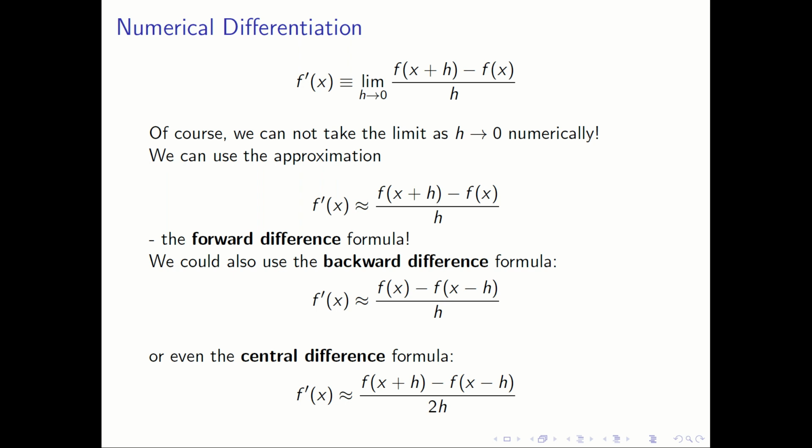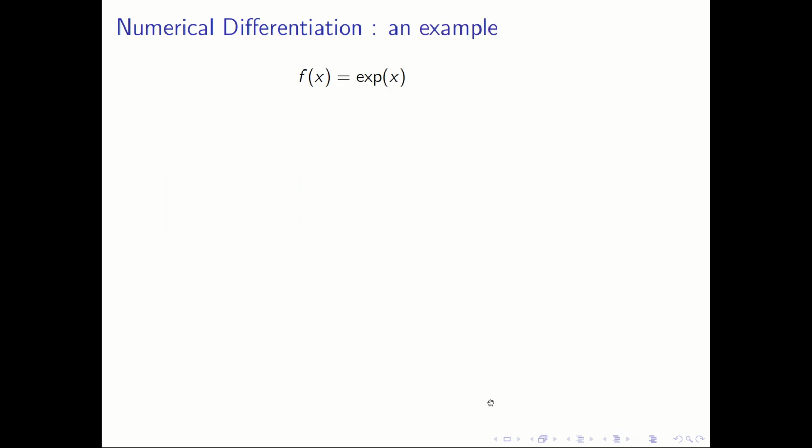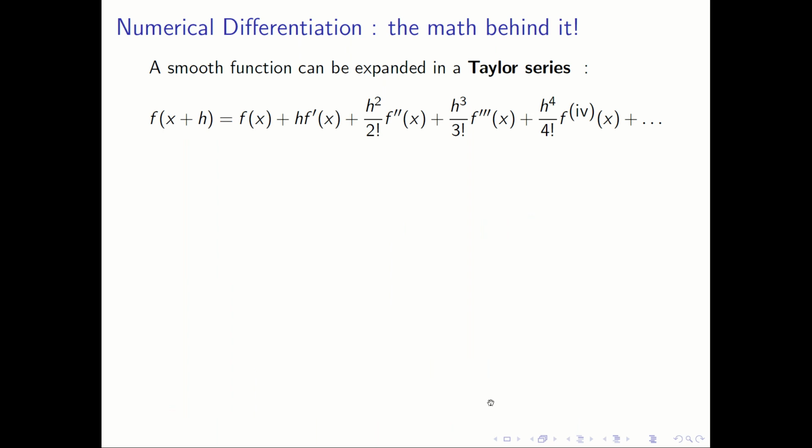The error between the exact value and the approximation that we have calculated using these formulae actually is much less for the central difference formula. In this lecture, we will try to understand why. We of course also expect that the approximations will become better and better as h decreases. So let's go on to the theory behind it.